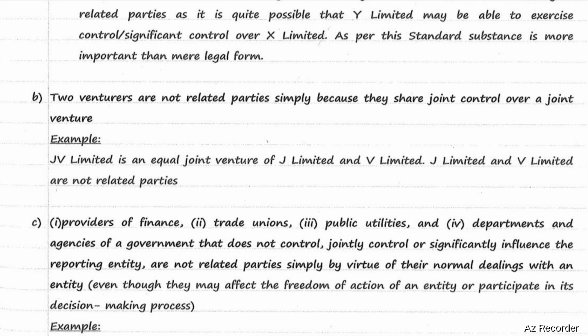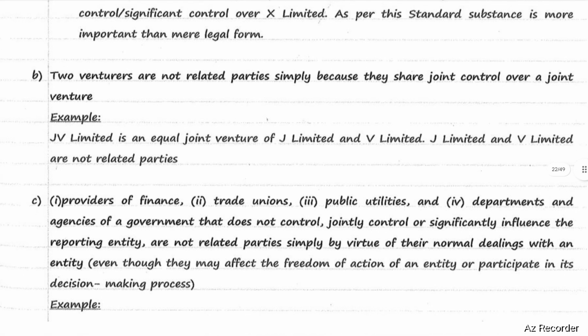Next, providers of finance, trade unions, public utilities, and departments and agencies of a government that does not control, jointly control, or significantly influence the reporting entity are not related parties simply by virtue of their normal dealings with an entity, even though they may affect the freedom of action of an entity or participate in its decision making process.